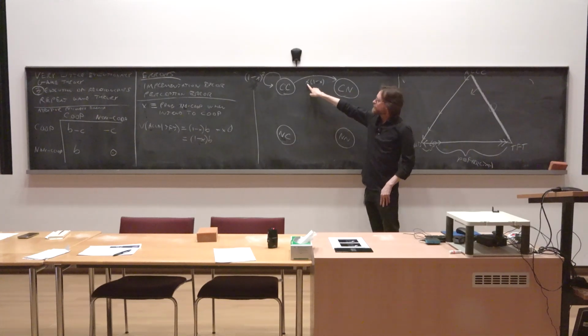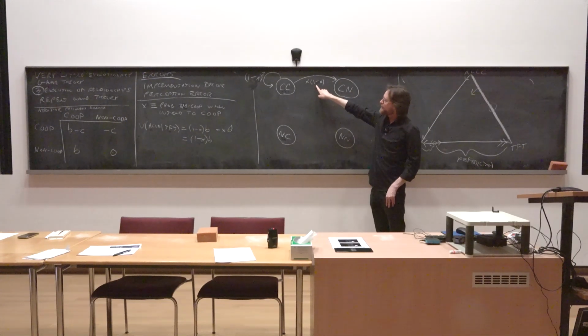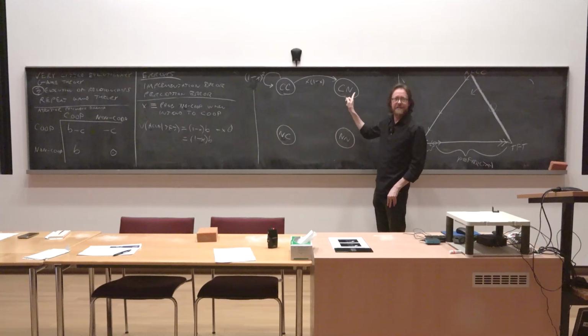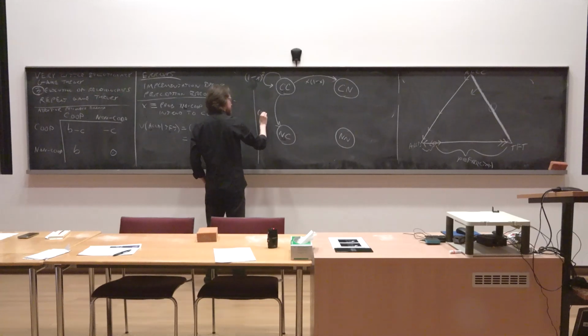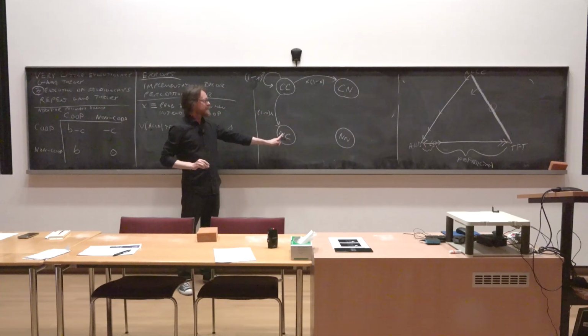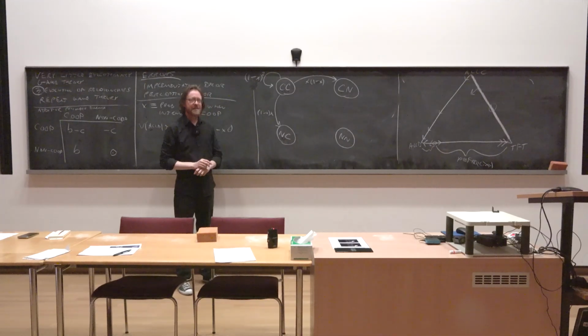So you make a mistake, the other player doesn't, and then you transition to this state. Similarly, you could end up here if your opponent makes a mistake and you don't. Then you transition here.